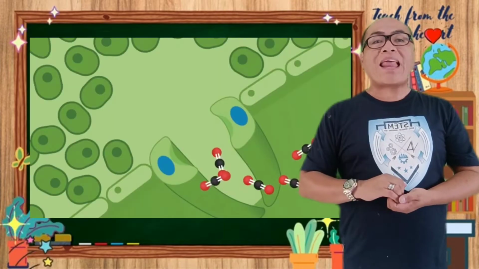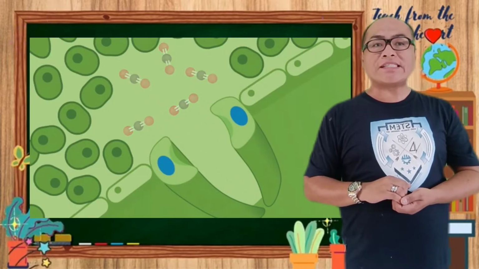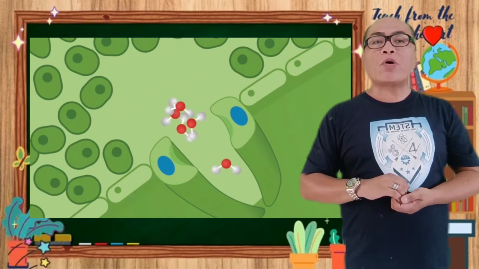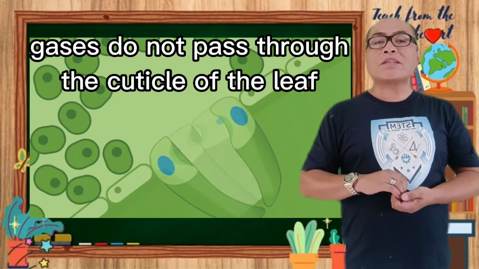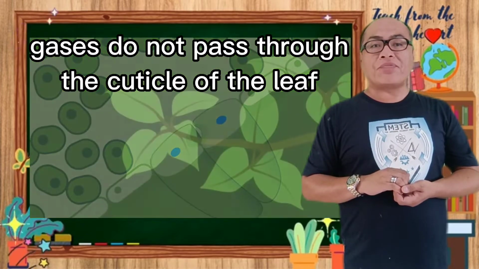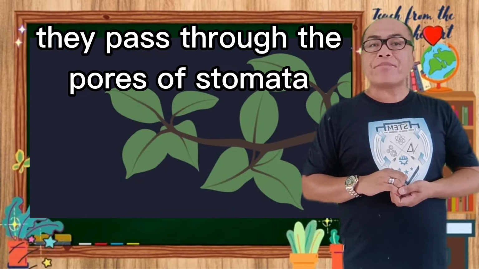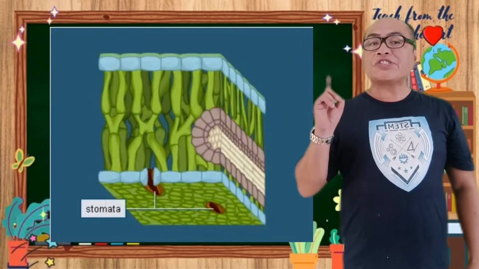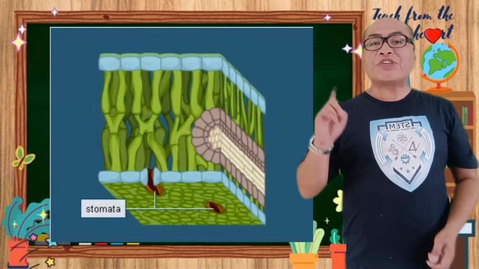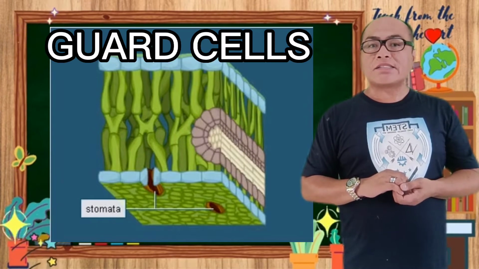The leaf. In the leaf of the plant, an abundant supply of carbon dioxide must be present, and oxygen from photosynthesis must be removed. Gases do not pass through the cuticle of the leaf. They pass through pores called stomata in the cuticle of the epidermis. Each stoma is surrounded by two specialized structures called guard cells.